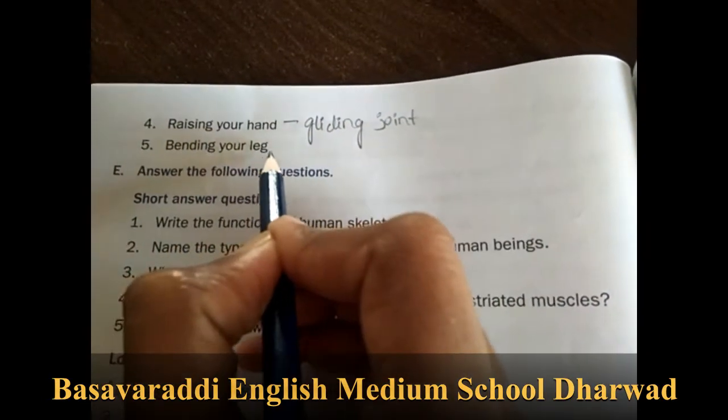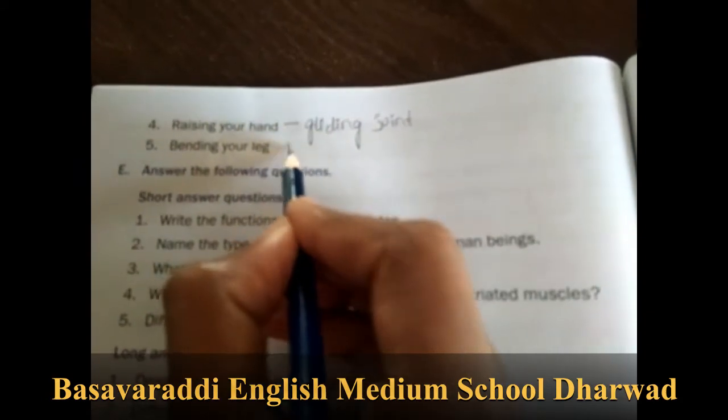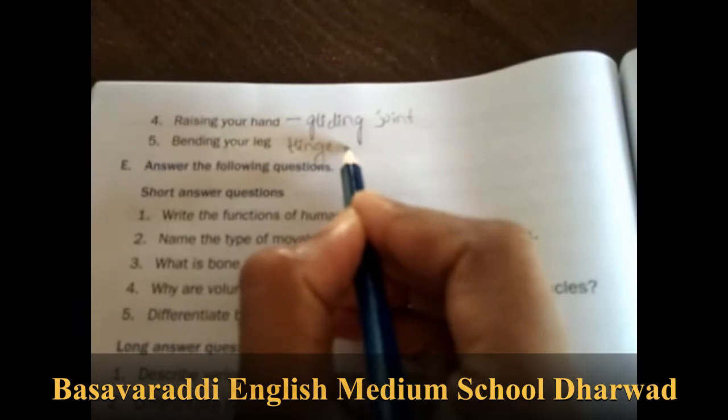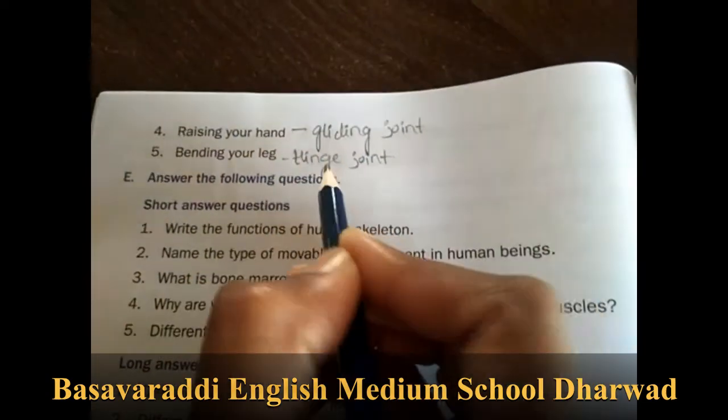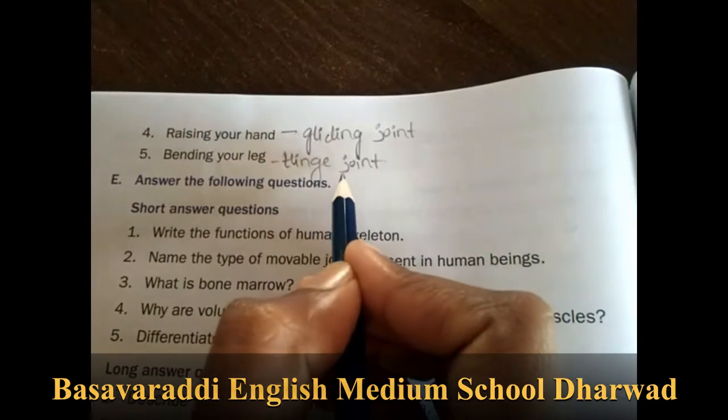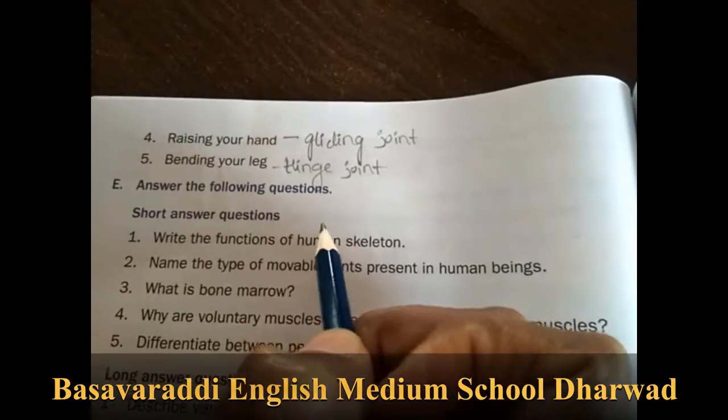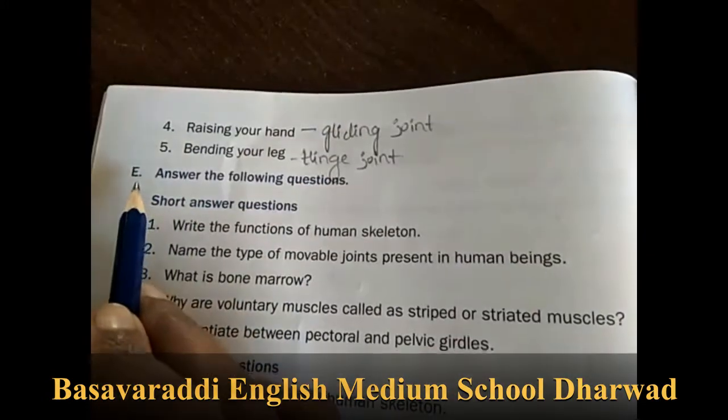Next, bending your leg, that is hinge joint. Okay, next E part.